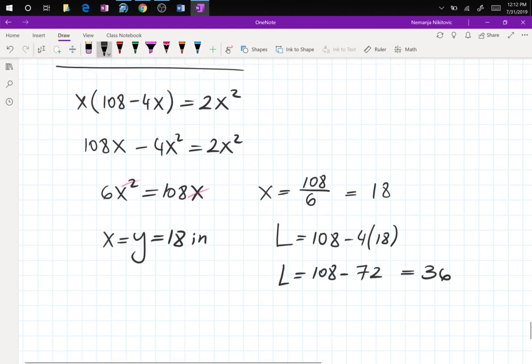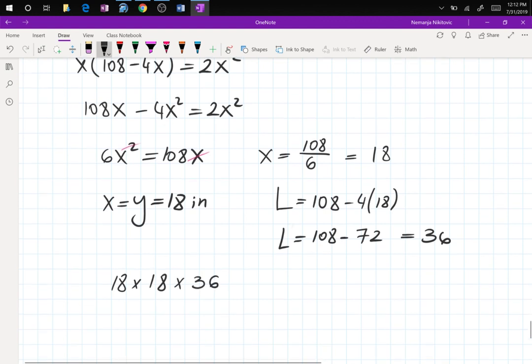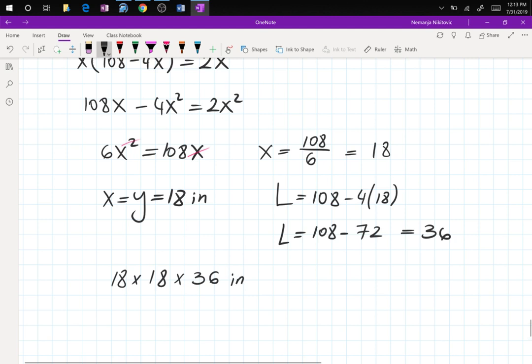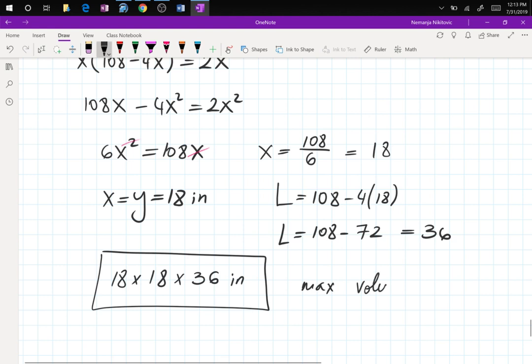So the dimensions of the box are 18 by 18, that's the face, times 36 inches. Those are the dimensions of the box that will give max area, max volume, which you can compute in inches cubed. It gives you maximum volume, and at the same time has the constraint that the length will add to 108.